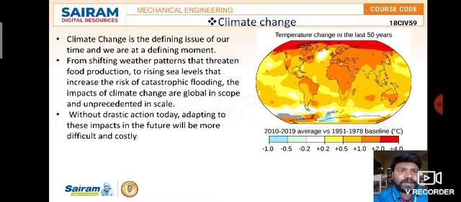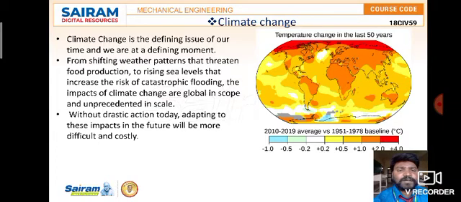Climate change is a defining issue of our time, and we are at the defining moment, because of deforestation and cutting of trees, construction of buildings, industries, automobiles and increase in population. All are reasons for this climate change.